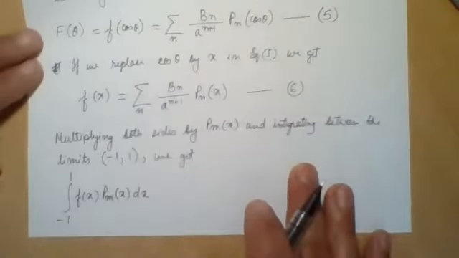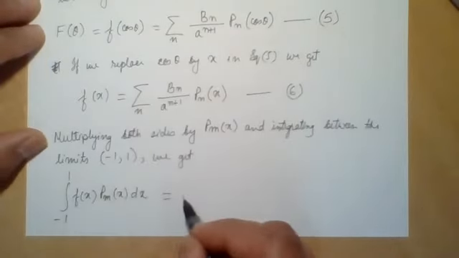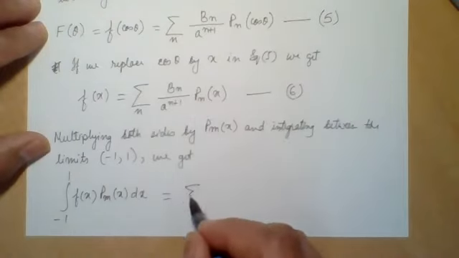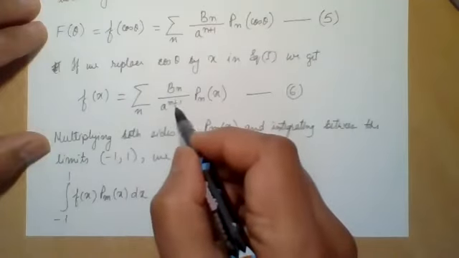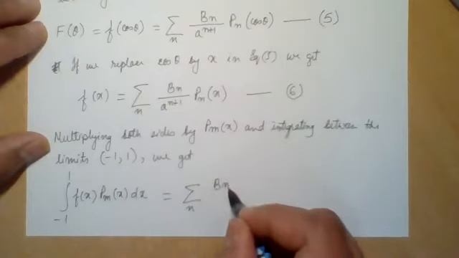This is the left hand side. Then on the right hand side, we can take the summation outside the integral sign. So summation over n. Then Bn and a are also constants, so we can also take them outside the integral sign.